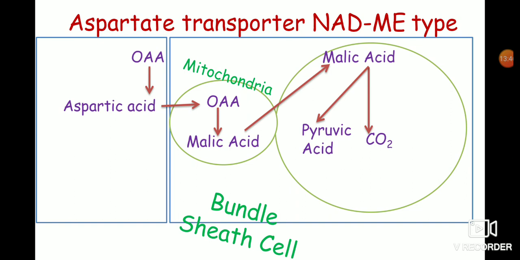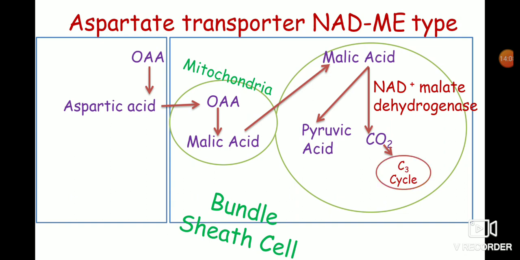So this oxidative decarboxylation takes place in the presence of the enzyme NAD plus malic enzyme. So here the NAD plus acts as a coenzyme for the malic enzyme. The carbon dioxide then participates in the C3 cycle.